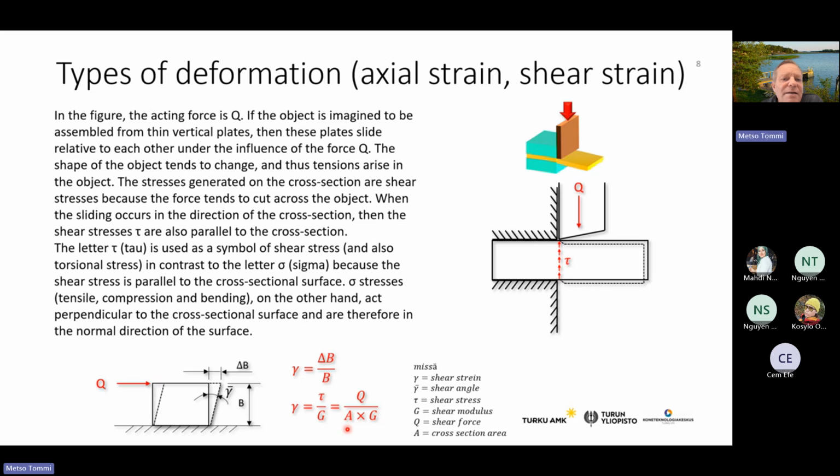And this is the shear strain. So here is an example of a sheet cutting machine, what happens in the plate. And of course, in this kind of situation, the deformation happens in an angle.